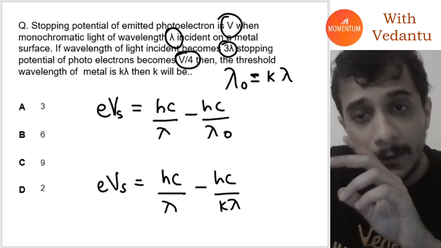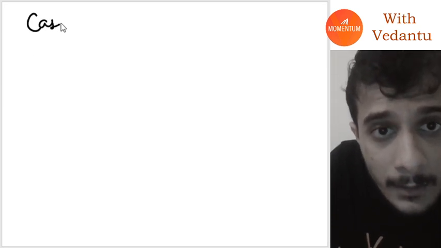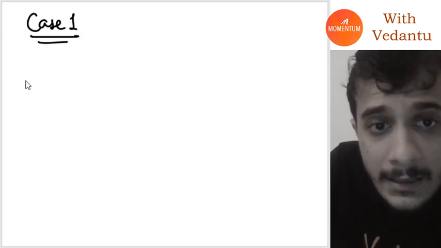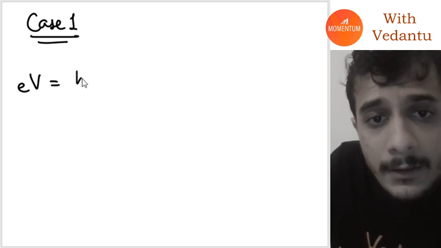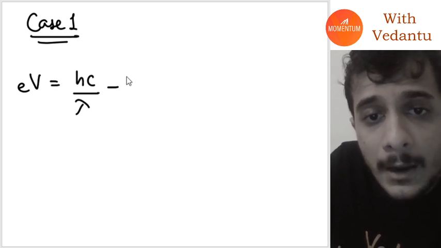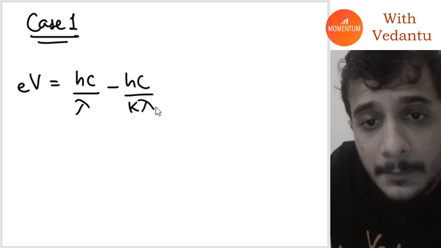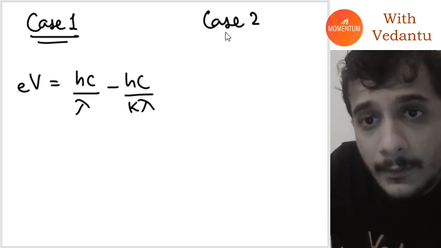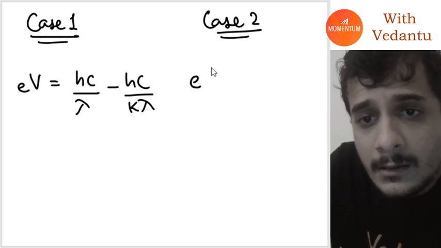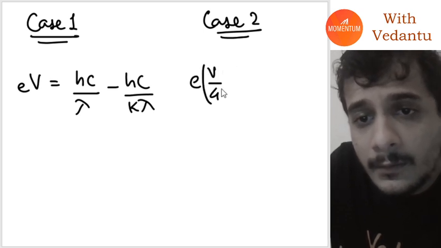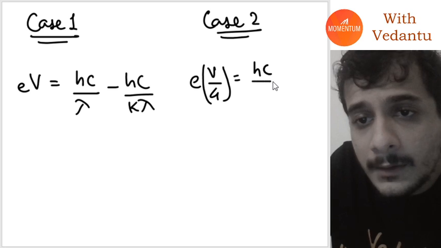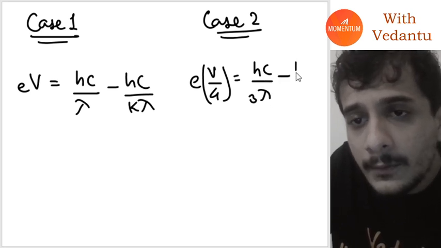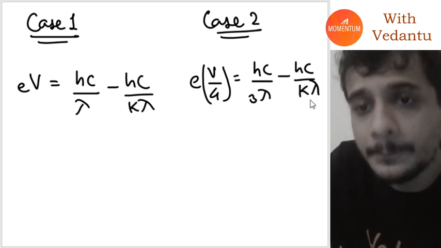So for both the cases, I will write down the equation. In case one, I will write e into V is hc by lambda minus hc by k lambda. And in the second case, guys, I will write e into V by 4 is equal to hc by 3 lambda minus hc by k lambda.